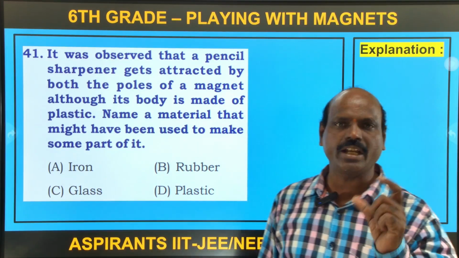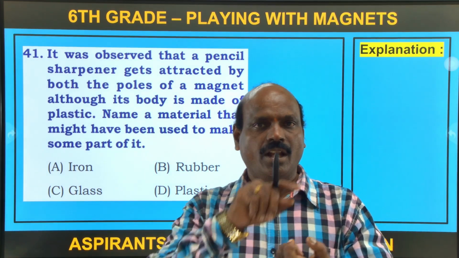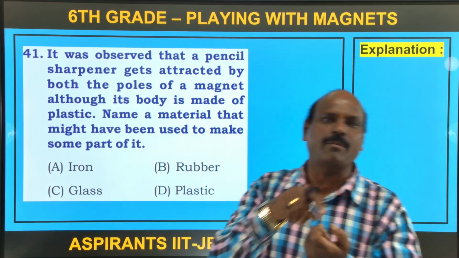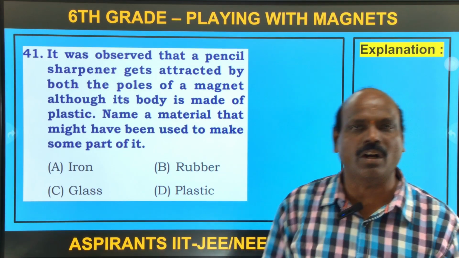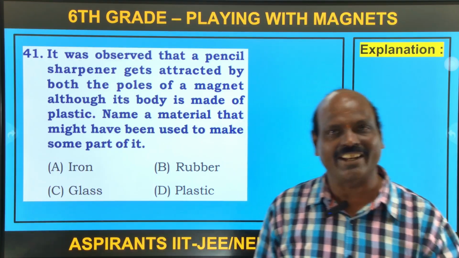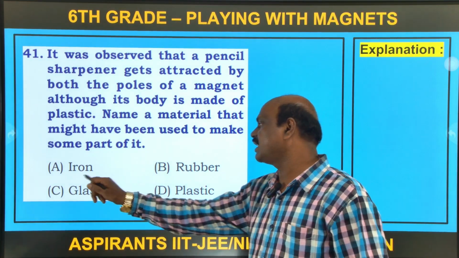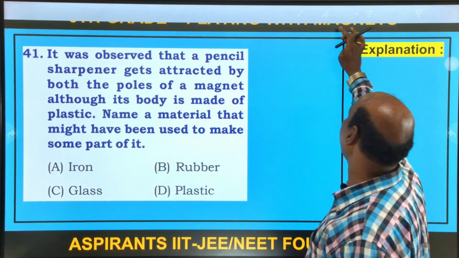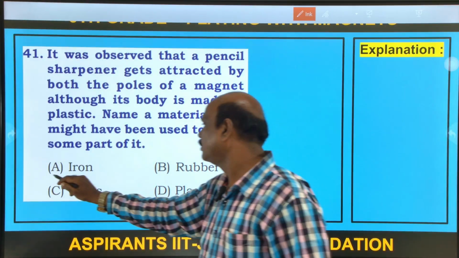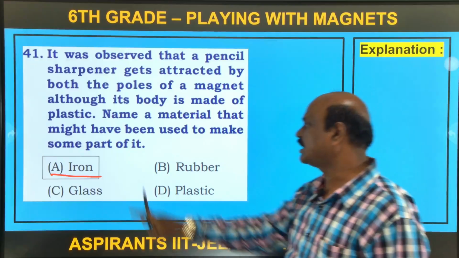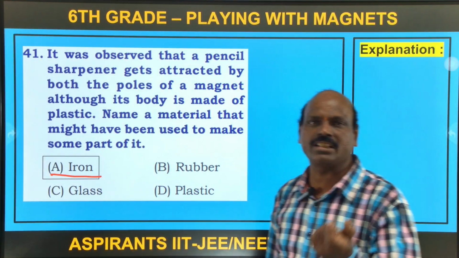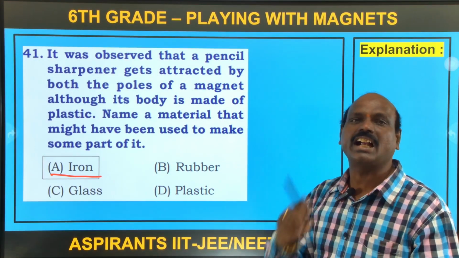You know, when you take a sharpener, even though the total body is made up of plastic, the blade which is attached to it is made up of metal, that is iron. So it contains iron, in the blade part. Hence, because of this iron, even though the sharpener has a plastic body, it gets attracted.